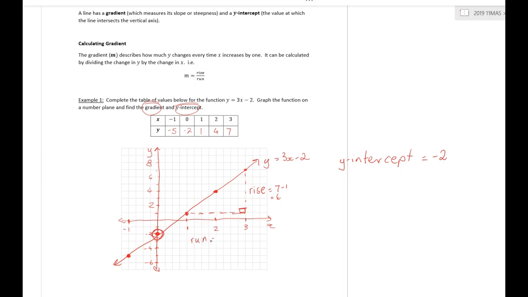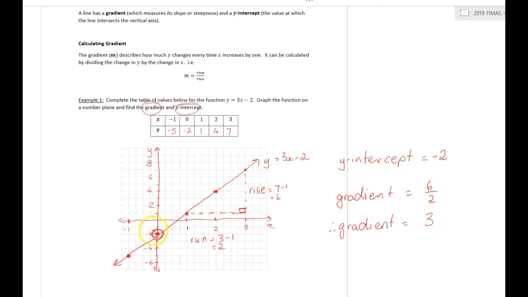The run goes from 1 to 3, or if I want to calculate the length of that, it's 3 minus 1 equals 2. So my gradient is the rise over run, 6 over 2. Therefore my gradient equals 3. That's 6 over 2.